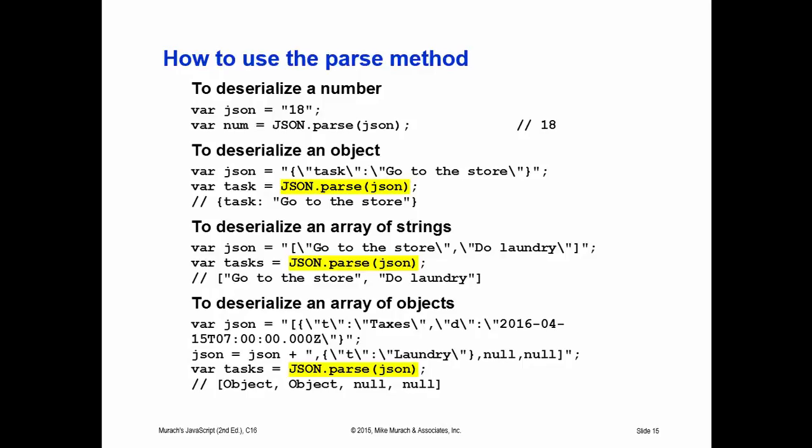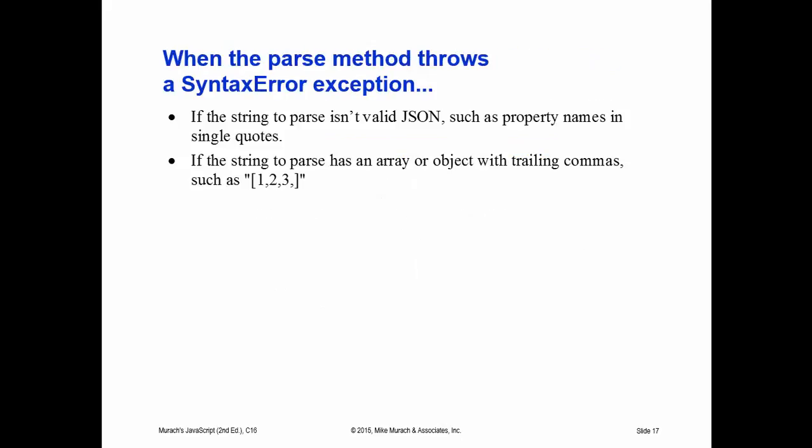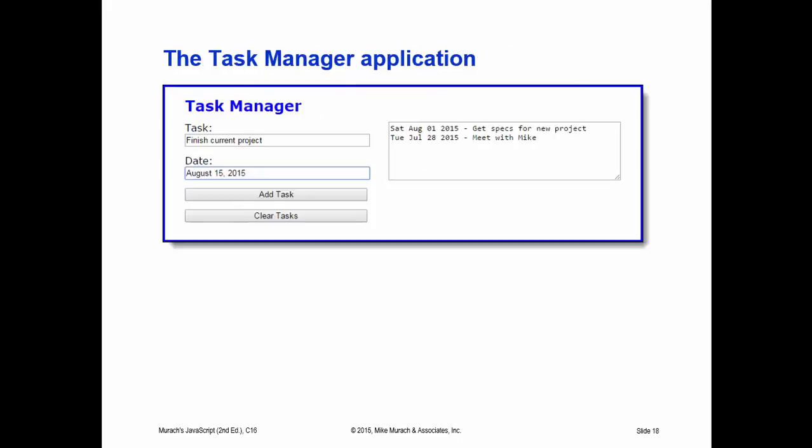All right, the next thing that's done is we go back to our old familiar task manager application. You've seen this in several chapters. I believe chapter 9 was the first one that it was in. Like previous versions we've looked at, this application gets task information from a user, stores it in local storage, and displays the tasks in a text area control.